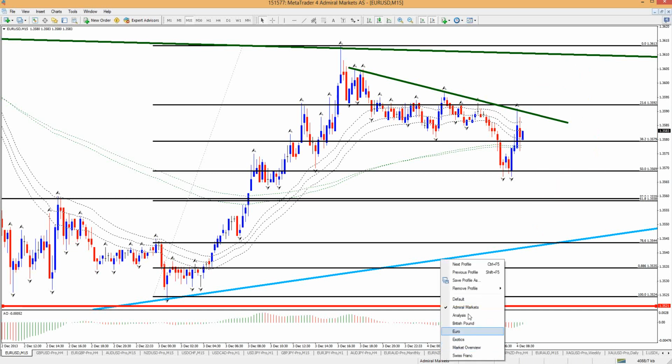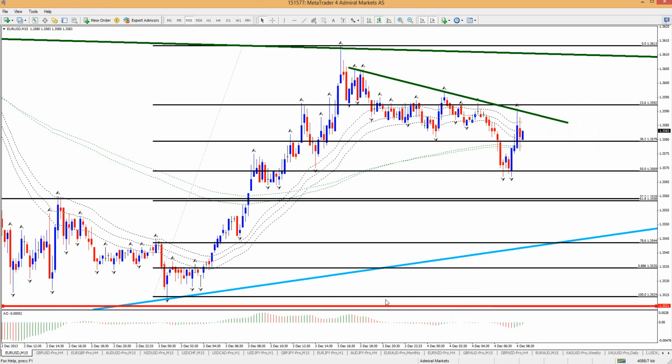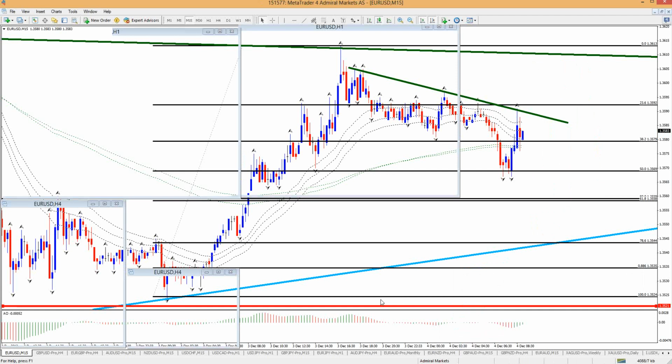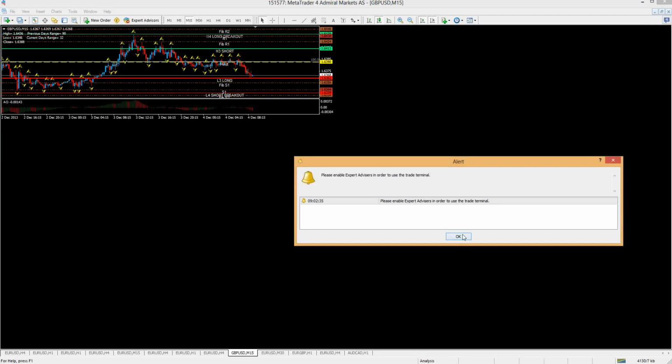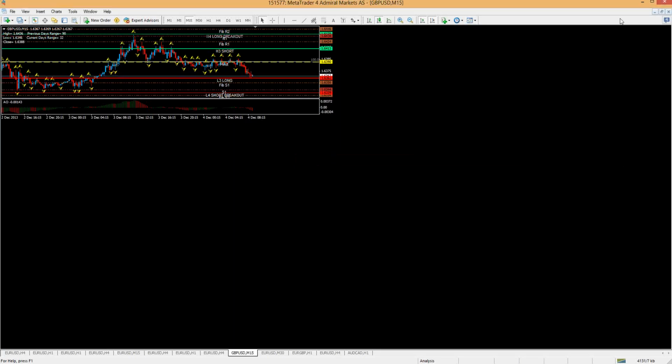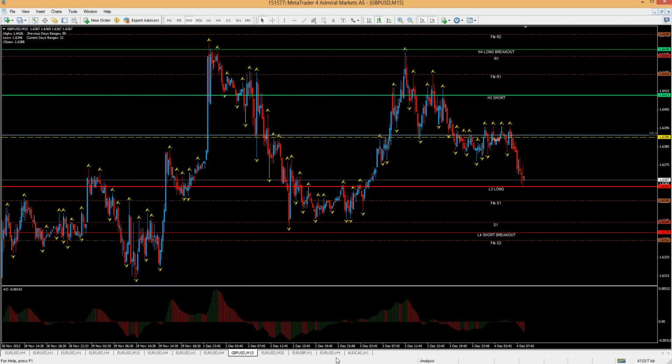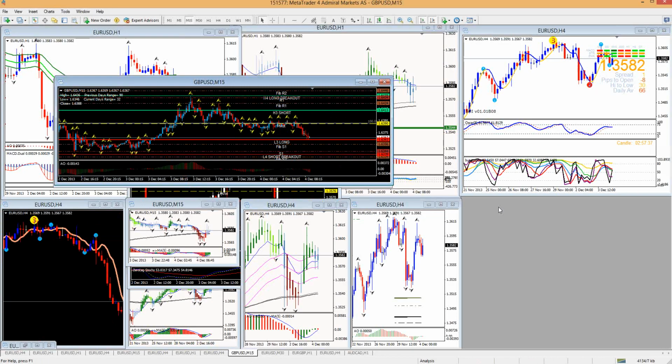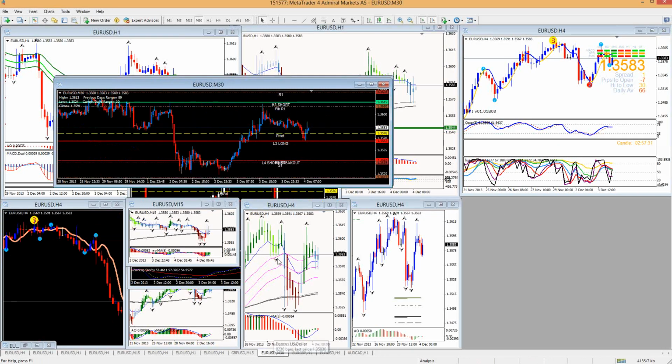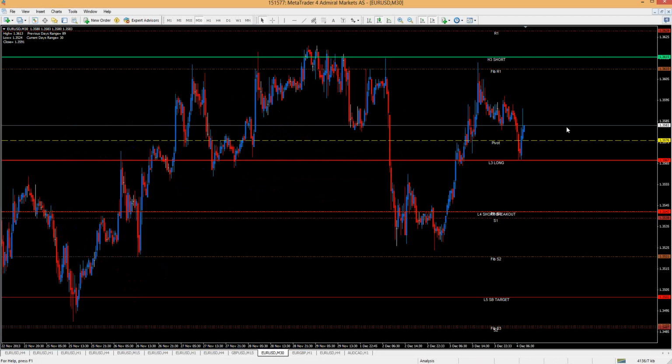Let me take a look. H3 short at 136.15. Well, that's a bit on the high side, I think.